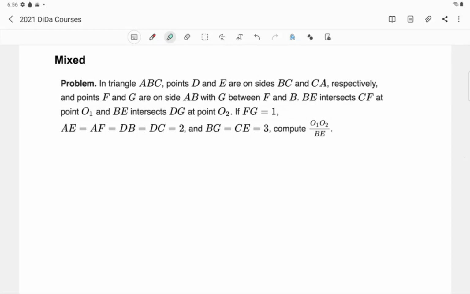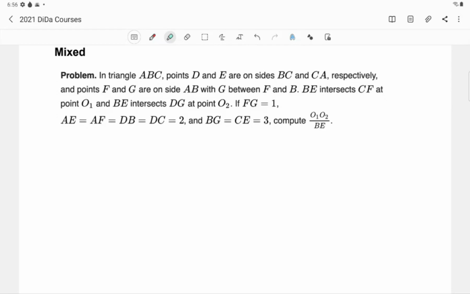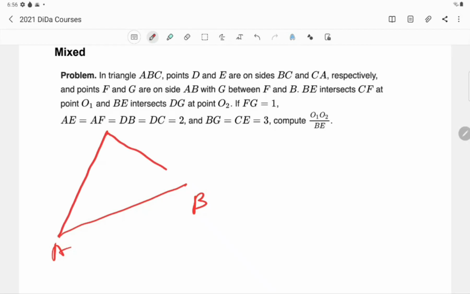So in this case, this is in triangle ABC. I'm sorry. Is it ABC? Again, I don't know whether I would draw it proportionally. And then D and E are on sides BC and AB.